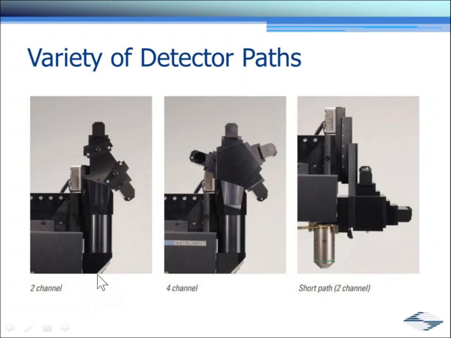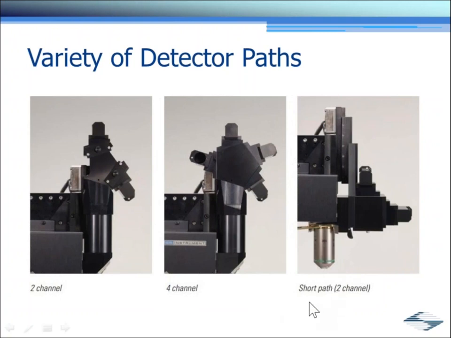And what you'll notice is that the objective is down below, just underneath this, and the emission light comes up through the tube and to the detectors. What's nice about this arrangement is that it leaves a lot of room open around the objective. We also have a 4-channel version of this. So here you see a 4-channel version, and otherwise it's the same thing.